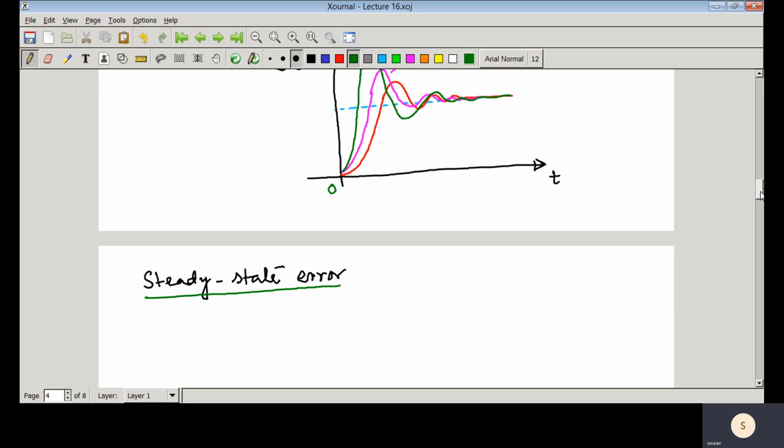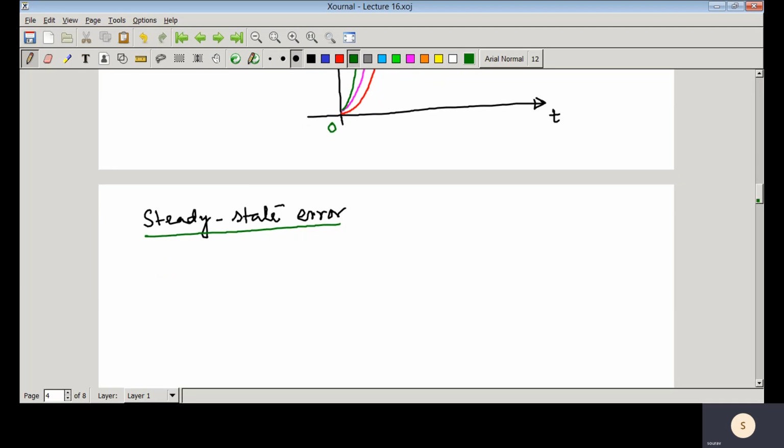So that means when t tends to infinity, or time is very large, the difference between the measured output and the applied command signal is known as the steady state error.